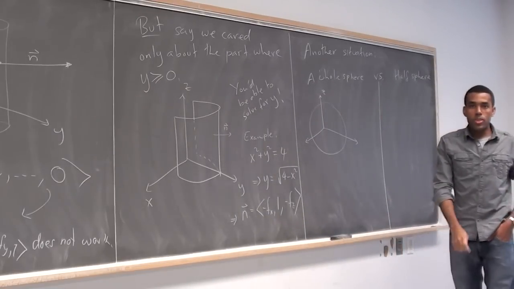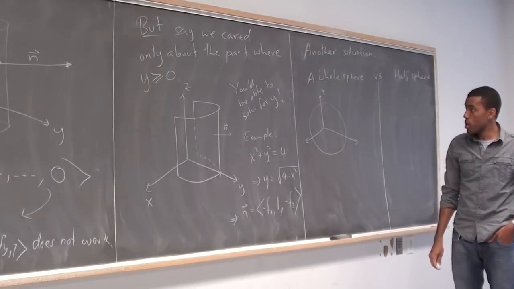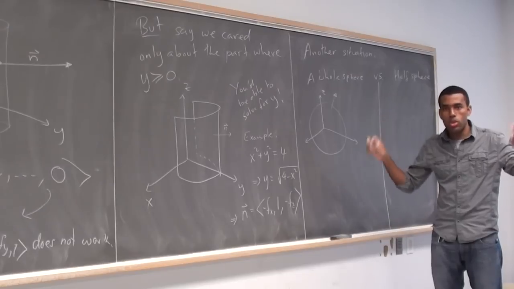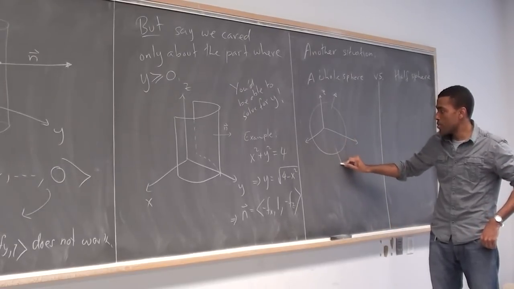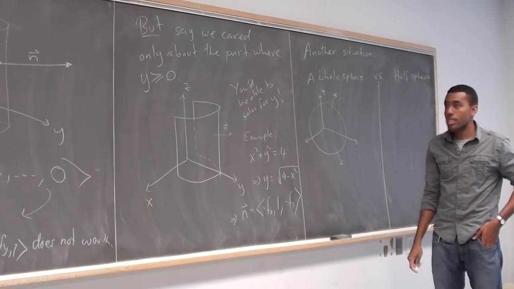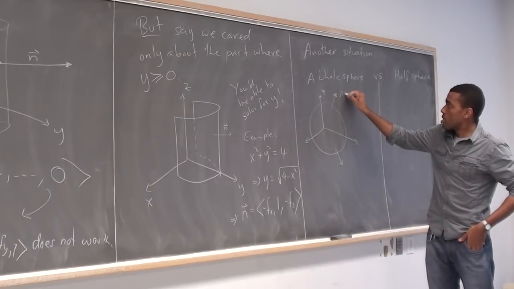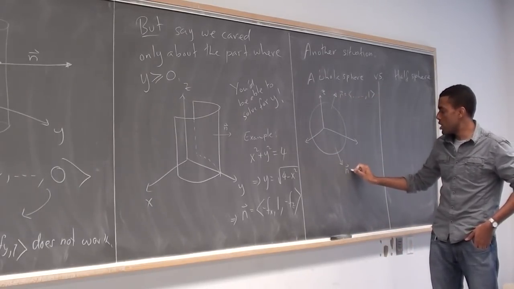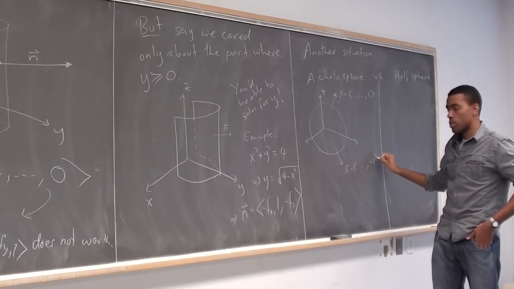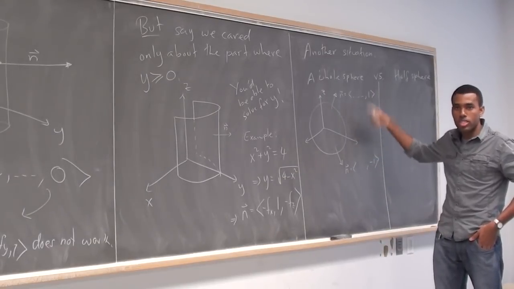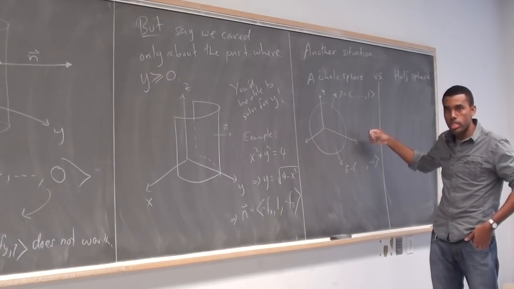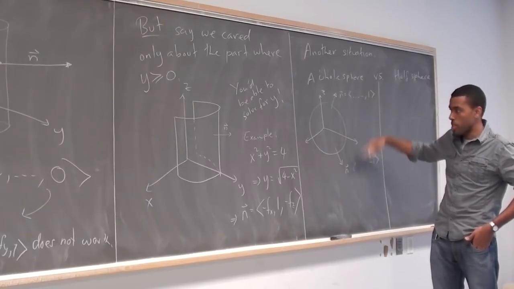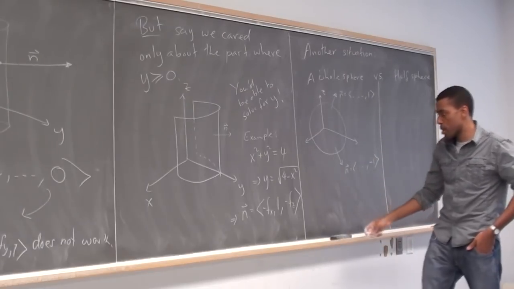If you're finding normal vectors to this guy, the problem is on the top half of the sphere, the normal vectors would look like that if I'm doing outward, while on the bottom half, the normal vectors would look like this. Normal vectors here end with a positive 1, and your normal vectors down here would end with a negative 1. You'd need two normal vectors to describe a whole sphere if you're doing it in the trivial way. So instead of doing the problem twice, especially if your problem is really ridiculous, I would just parameterize.